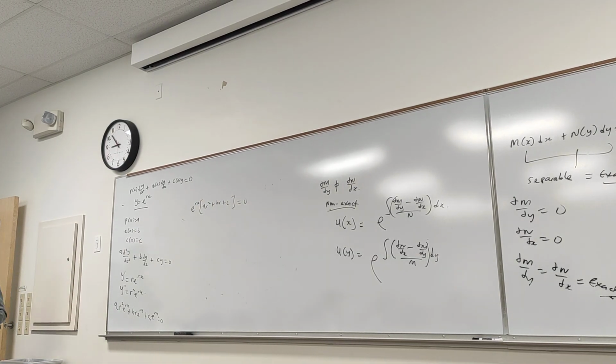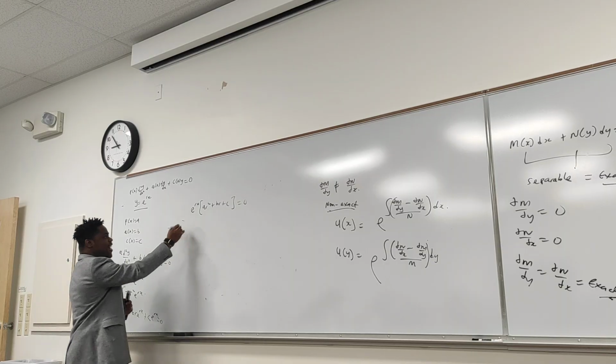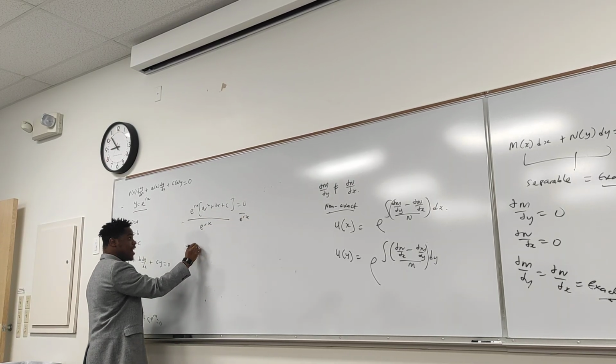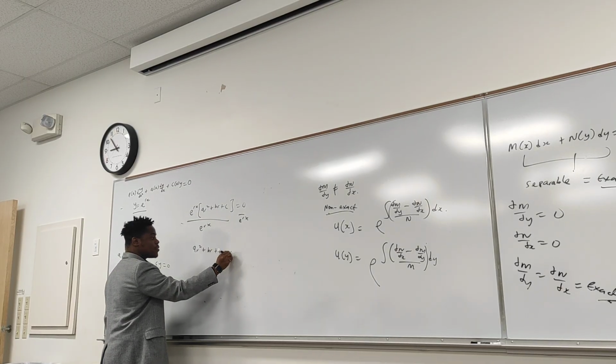If you divide through by it, it becomes AR squared plus BR plus C equals 0.